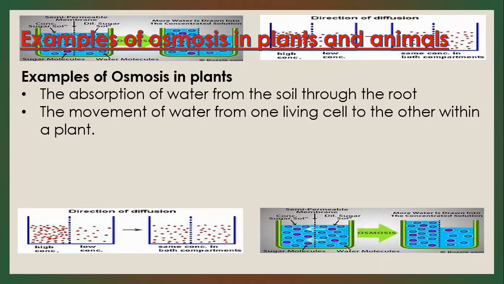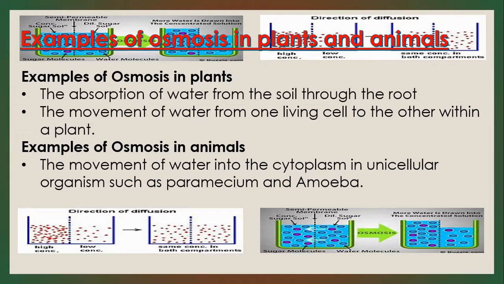Now let us finalize this with examples of osmosis in animals. The first one says the movement of water into the cytoplasm in unicellular organisms such as paramecium and amoeba.